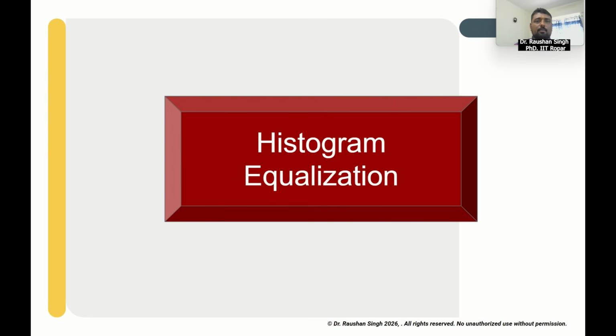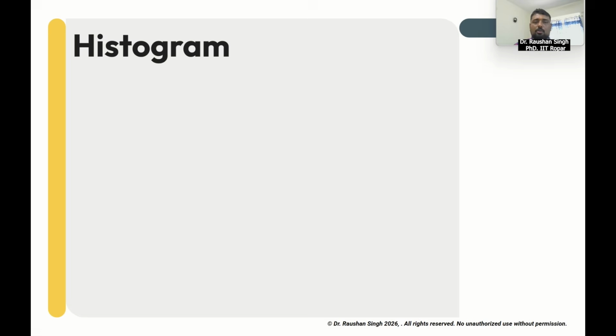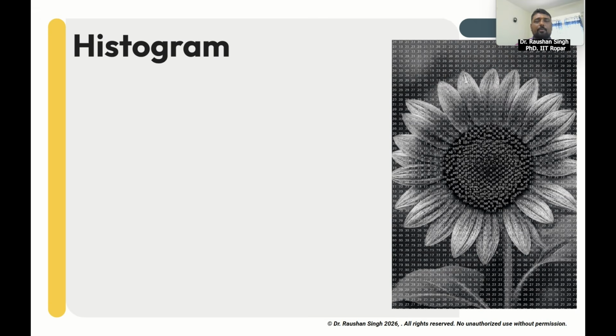Moving forward, the first technique is histogram equalization. So what is histogram equalization? To understand histogram equalization, we should first know what a histogram is. When you see this complete image, as I have told in many of my previous talks, every image can be converted into pixels, in the form of intensity values.